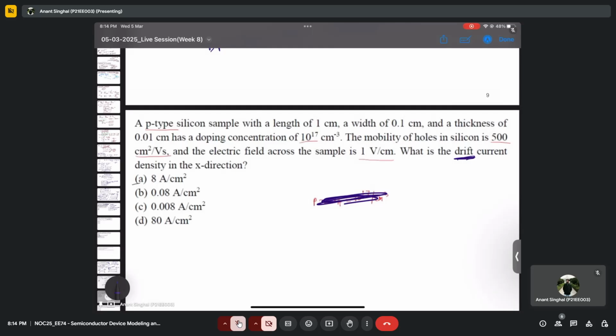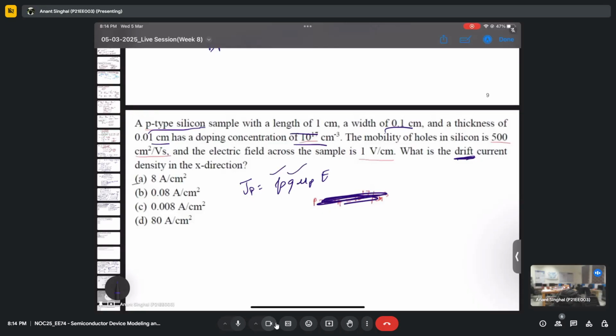Eight. Okay, so let me solve. So this is a p-type silicon sample. So the drift component will be q mu p E. Everything is already given. The length, width, and doping concentration are given. q we know.